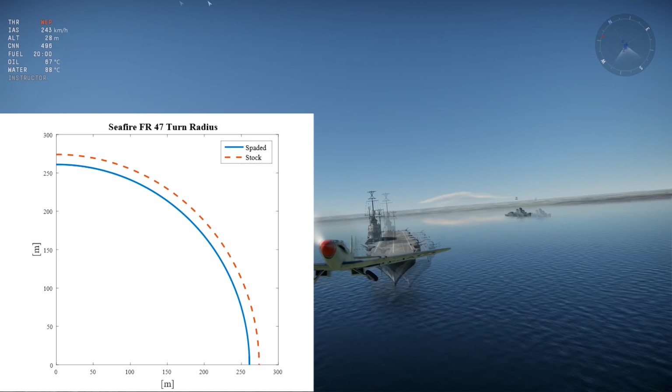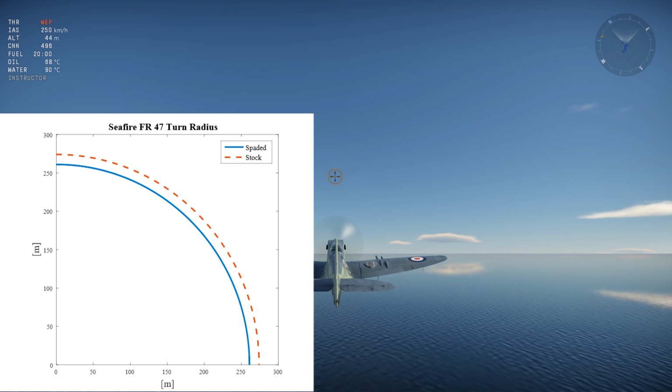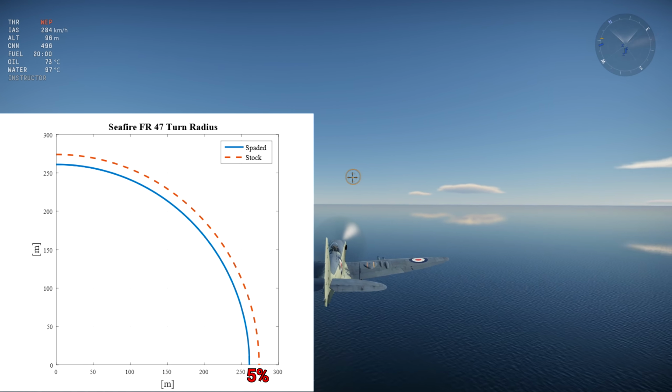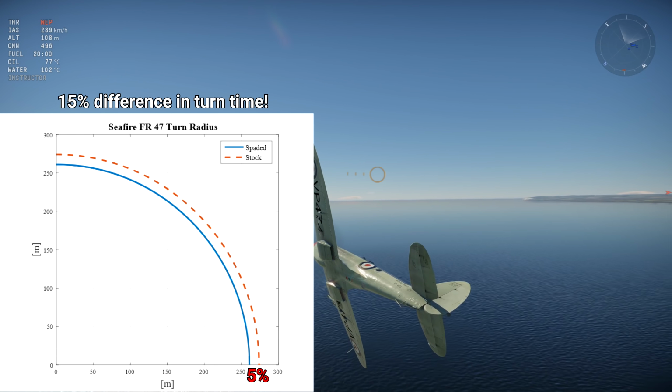Last but not least is turn performance differences. The graph on the left shows the turn radius for the stock and spaded Seafire. The turn becomes 5% tighter when the aircraft is spaded, which is a fairly small change in turn radius. However, when we compare the turn times, the spaded Seafire has a 15% better turn time than the stock Seafire.